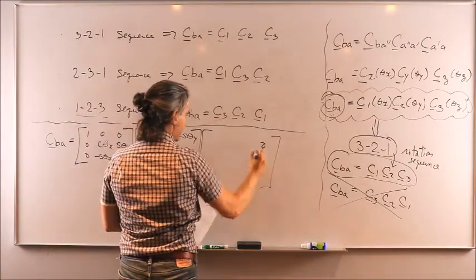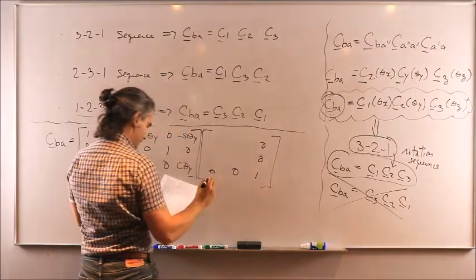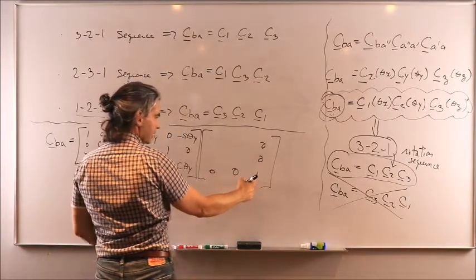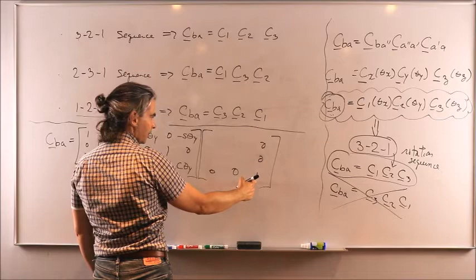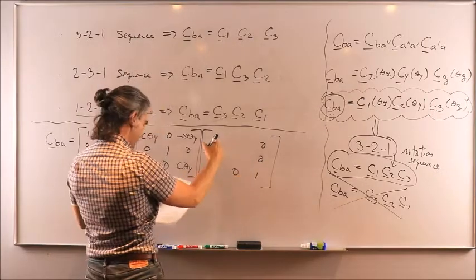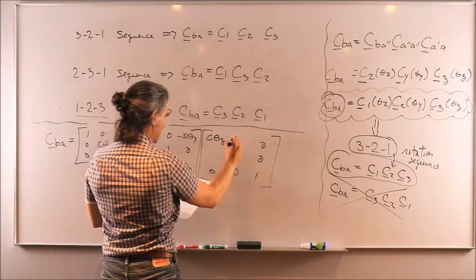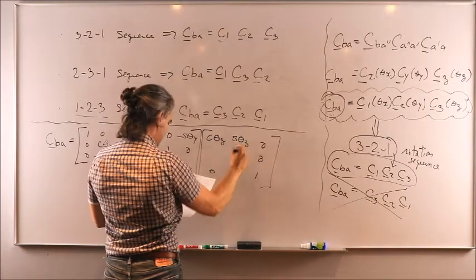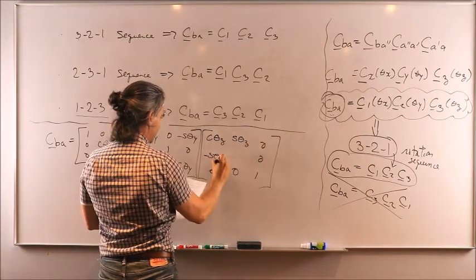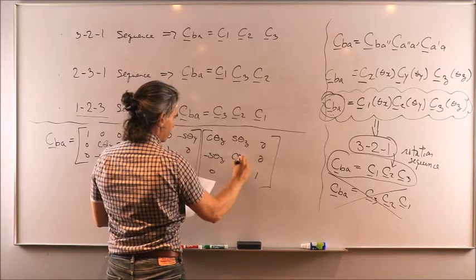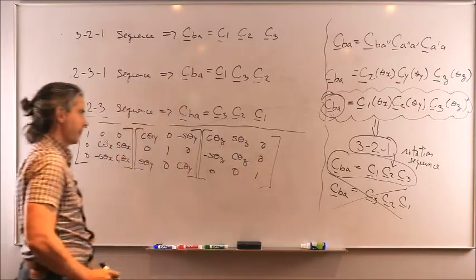And C3 or CZ is always the same. That's always 1 in third row, third column on the 3 by 3 matrix, followed by cos theta z, sine theta z, minus sine theta z here, and cos theta z.